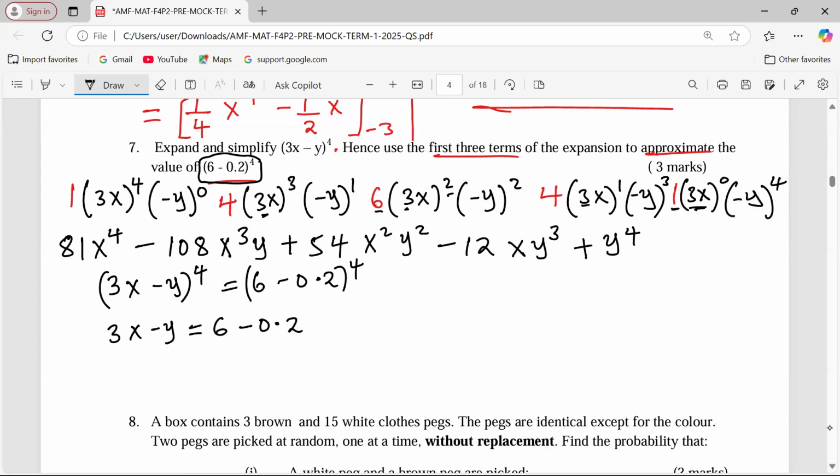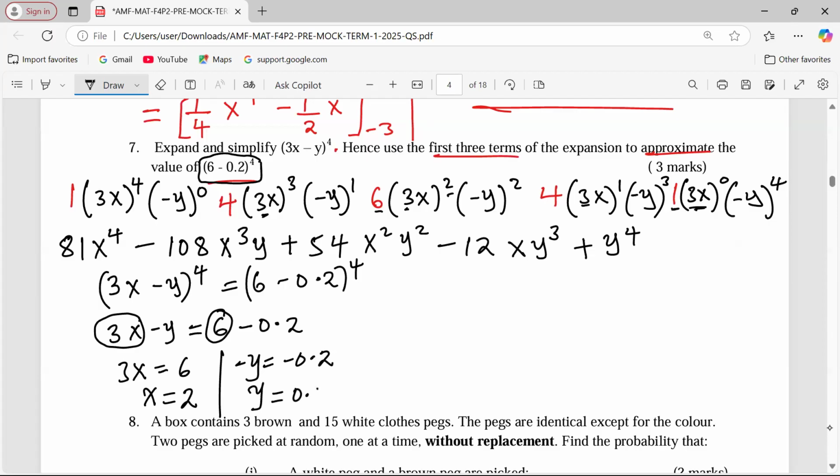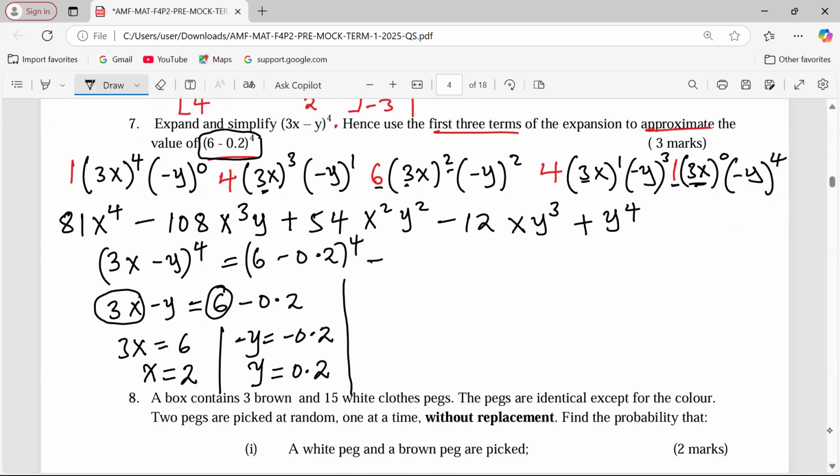So with this, we can equate corresponding terms. 3x is equated to 6, whereby x becomes 2. Negative y is equated to negative 0.2, not 0.2, so that the value of y becomes 0.2.